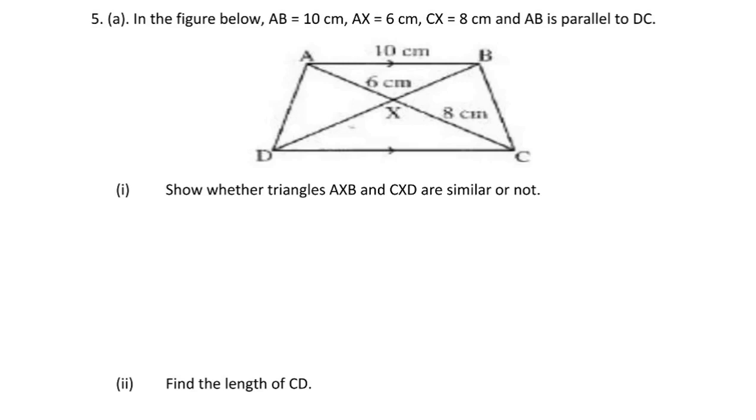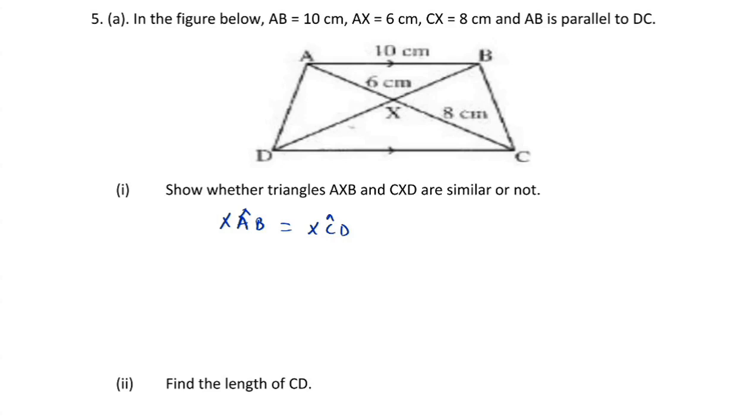Okay, so let us use the theorems to show whether triangles AXB and CXD are similar or not. Okay, so first we say angle XAB equals XCD. They are alternate interior angles since lines AB and DC are parallel.